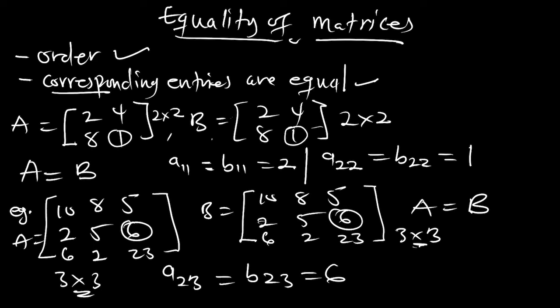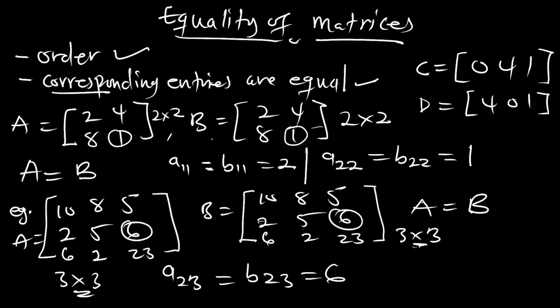For example, if we have a matrix C as 0, 4, 1, and matrix D as 4, 0, 1. What is the order for matrix C? This is 1 row, 3 columns, so a row matrix. This is also 1 row, 3 columns. So first, the orders are the same, it qualifies.